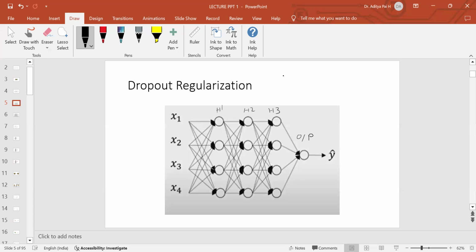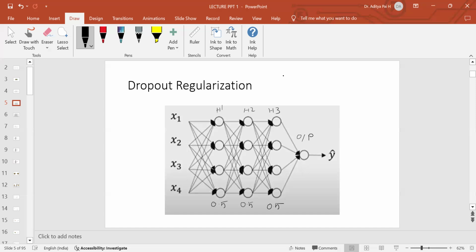Now, with dropout, we go through each layer of the network and set some probability of eliminating a node in the neural network. Let's say we go to each node and have a 0.5 chance of keeping the node. So let me keep this as 0.5, this also 0.5, and this also 0.5.